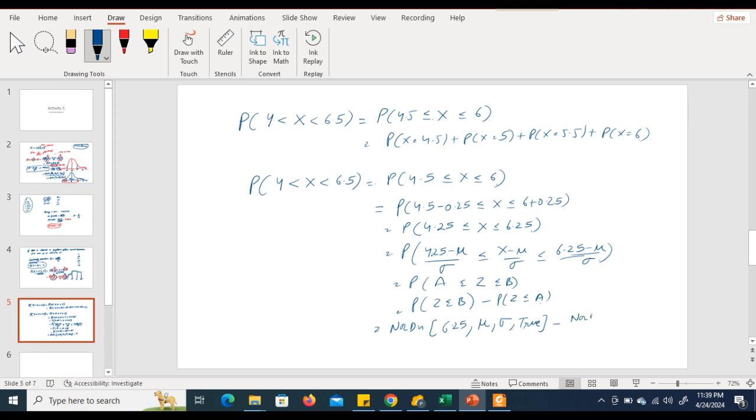And again normal distribution, x is 4.25, mean is mu, standard deviation is sigma, and for cumulative we use true. This is how we can calculate the probability using the normal distribution.